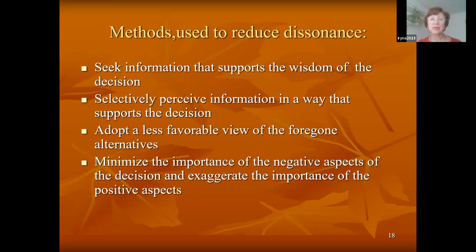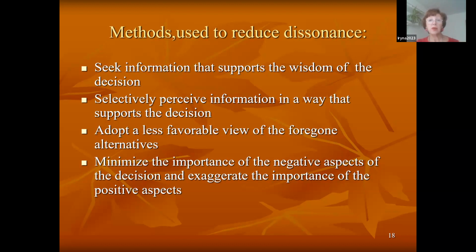Psychological uneasiness is something that people always try to avoid, and these are the methods used to reduce dissonance. We seek information that supports the wisdom of our decision. Or people may perceive information selectively, choosing only the information that supports the decision.